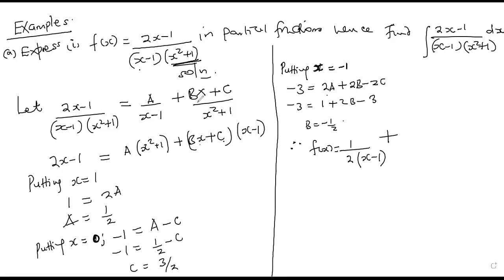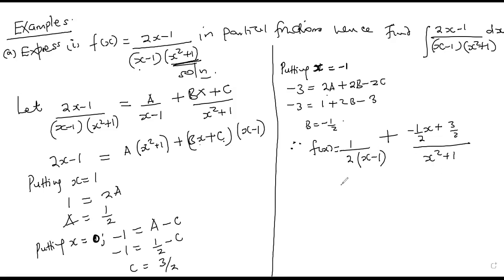Now, for the case of this, since you have adding here, you first work on the numerator. So b is -1/2, so it will be -1/2 x plus c, which is 3 out of 2, but everything is over x squared plus 1. So when you work on the numerator, the LCM is 2, so it is going to be minus x plus 3, which is the same as 3 minus x over 2.